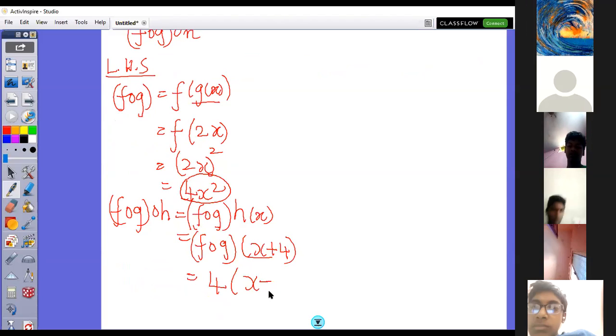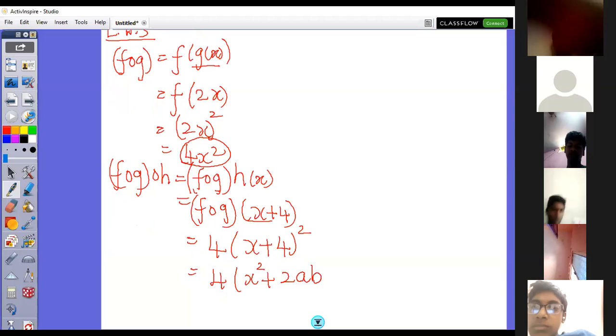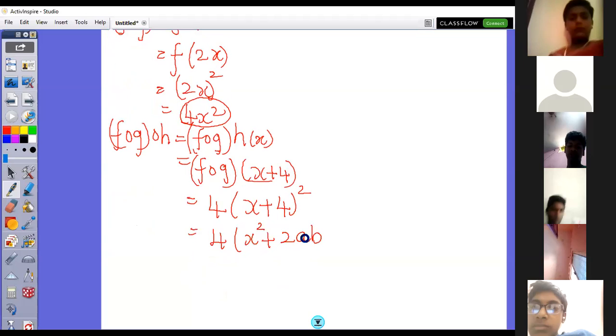So x plus 4 the whole square. A plus b the whole square equal to a square plus 2ab plus b square. So 4 into x square plus 2 into a value x, b value 4, plus 4 square is 16.